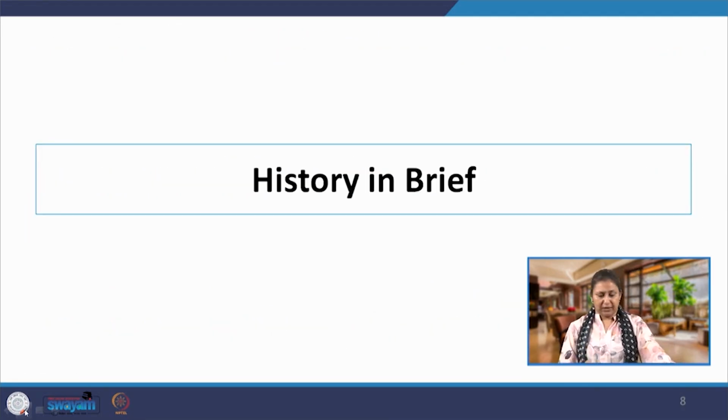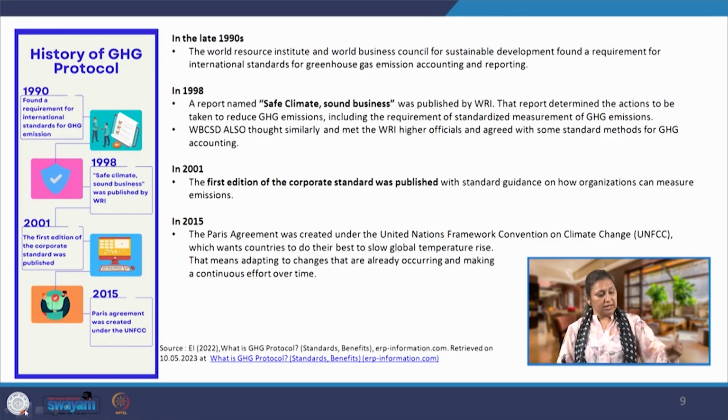Now, very briefly I am going to run you through the history. In 1990, there was a requirement for an international standard of GHG emission, it was realized, and in 1998, as I said, this report by WRI named Safe Climate and Sound Business was published, and it was supported by bigger corporates such as BP and General Motors, and that provided the base work for the first edition of the corporate standard of the GHG protocol, that was in 2001.